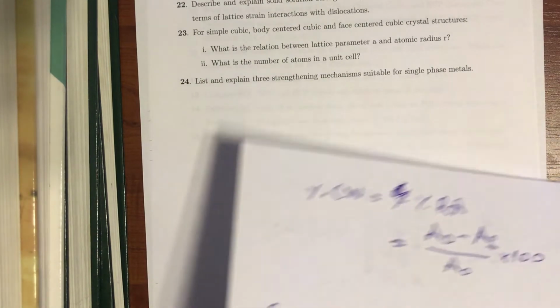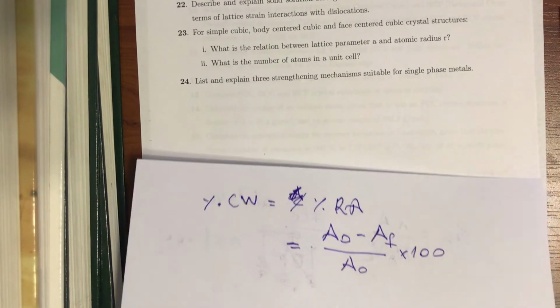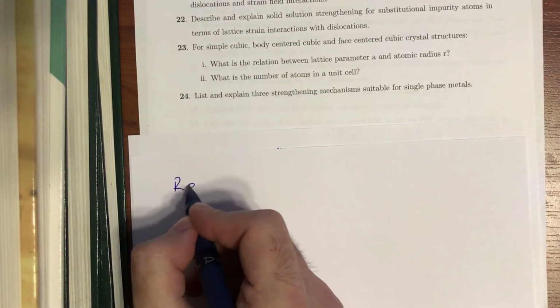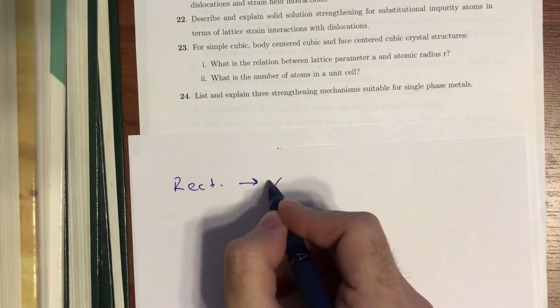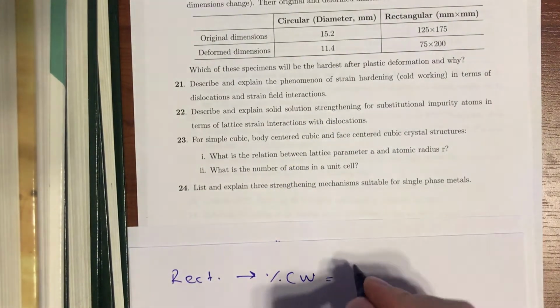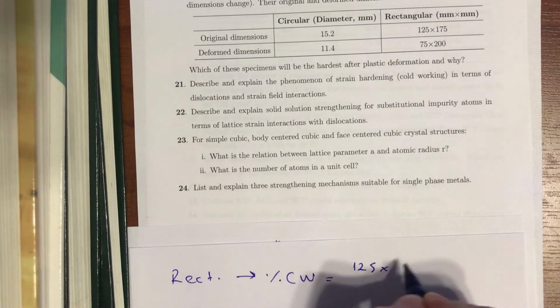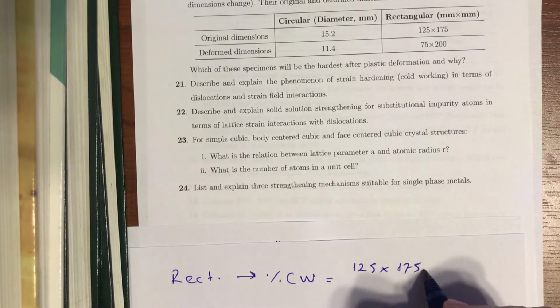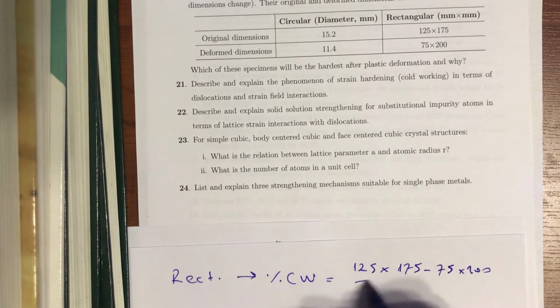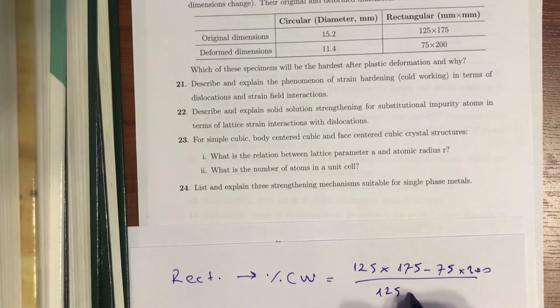Now move on to the rectangular specimen. For the rectangular specimen, dimensions are given directly. 125 times 175 minus 75 times 200 divided by 125 times 175.